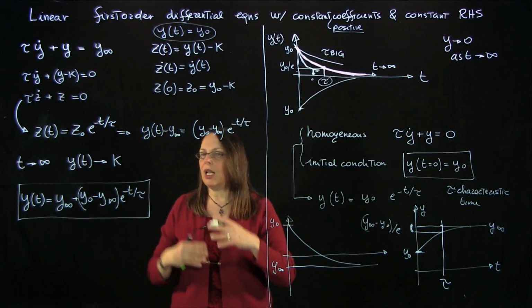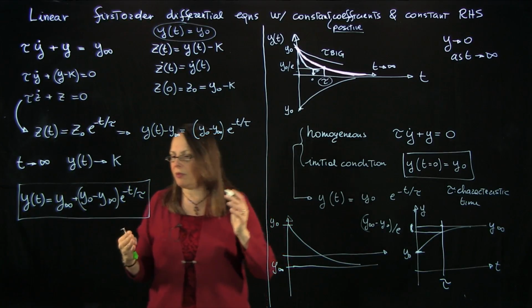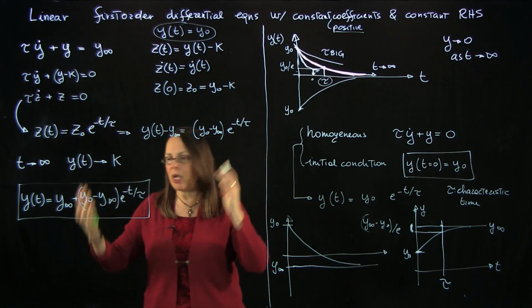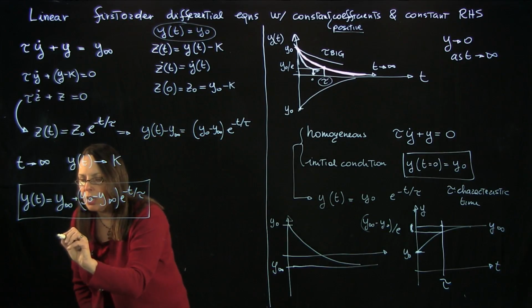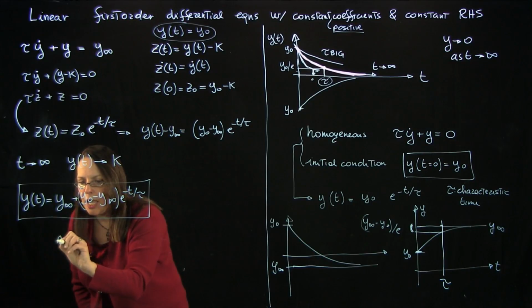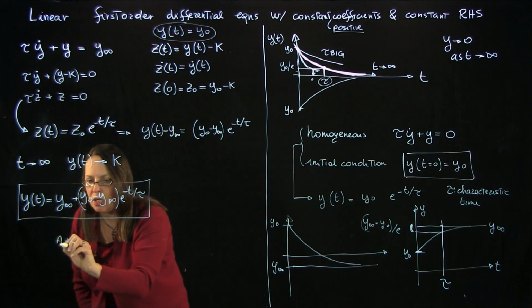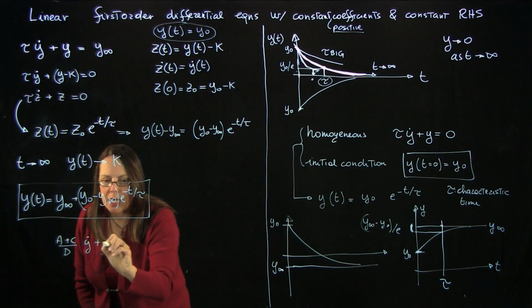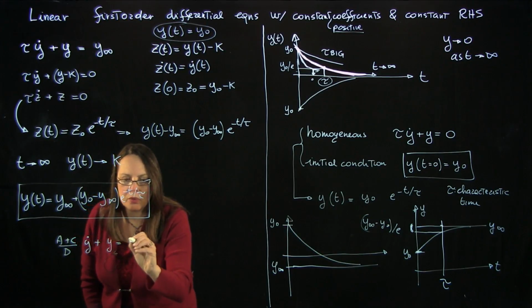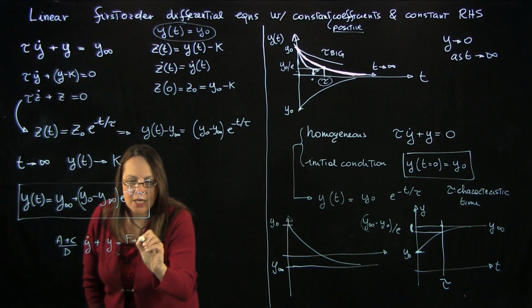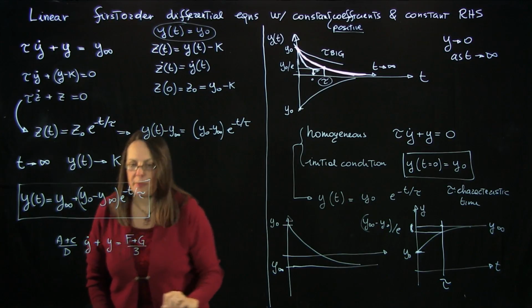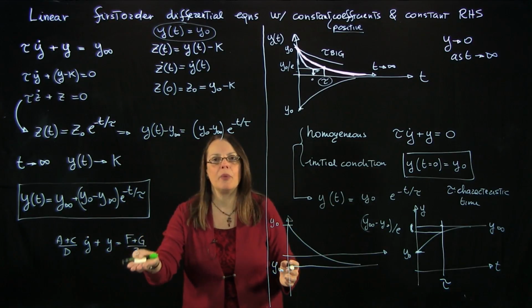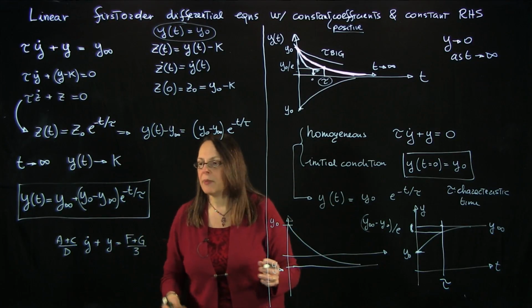So in general, you can solve your problems and end up, say, with an equation that looks like, I don't know, a plus c over d times y dot plus y equal to f plus g over 3. After you've done all the calculation, you end up with a differential equation that looks like that.